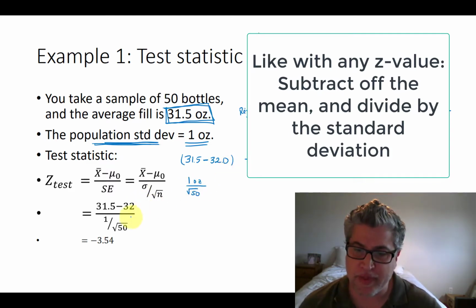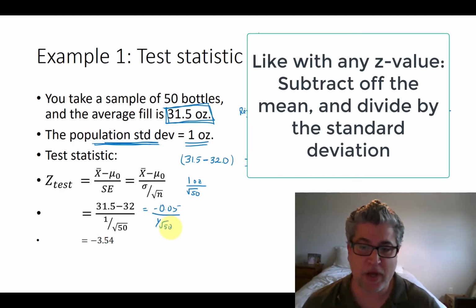But what we're looking for then is this ratio. This difference expressed as a ratio, a half an ounce in terms of how many standard errors. And if we plug all of this into a calculator, we get negative 3.54.